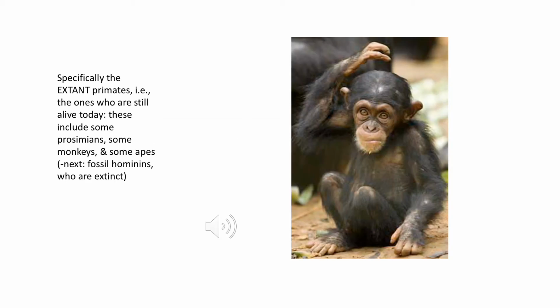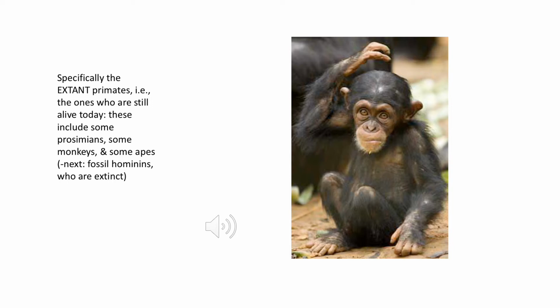Okay, so in this course we are going to study primates. That's what you signed up for, and specifically extant primates. Extant is the opposite of extinct, meaning that these are primates still alive today. These include some of our prosimians. If you've been to the Buffalo Zoo, you may have seen those ring-tailed lemurs.